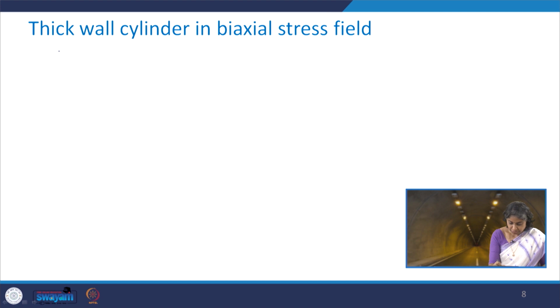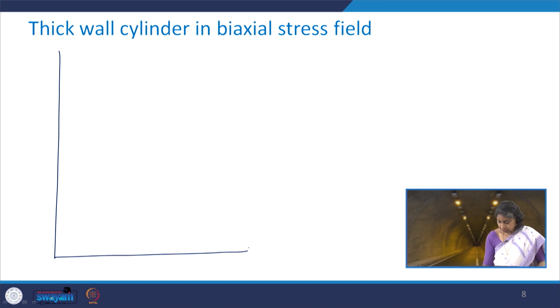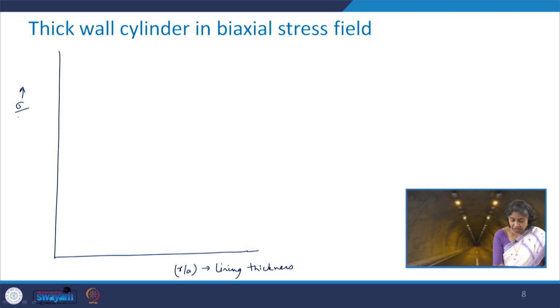So, let me plot it here for you. On the x axis I have R upon A, that is going to be representing lining thickness. Okay, and on y axis let us have sigma upon P naught, which is the stress concentration factor.